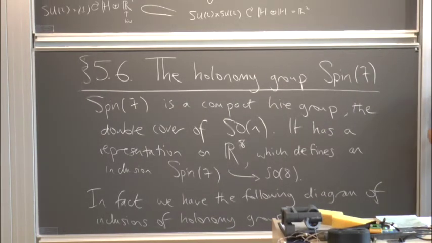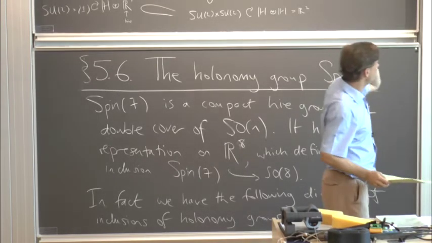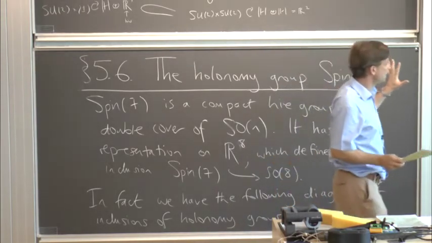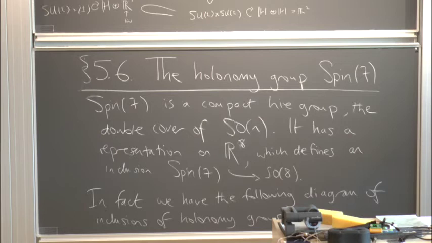So let's take R^8 to have coordinates x1 up to x8, and again as a shorthand, let's write dx_ijkl is dx_i ∧ dx_j ∧ dx_k ∧ dx_l. And as in the G2 case, Spin(7) preserves an interesting form on R^8, which is a 4-form.